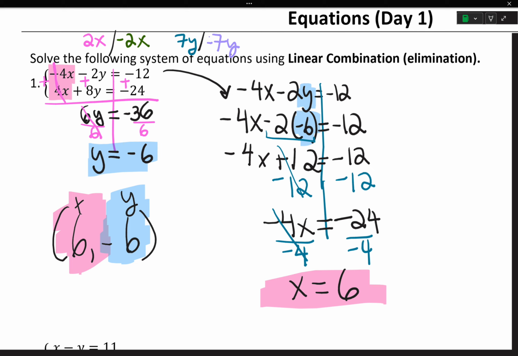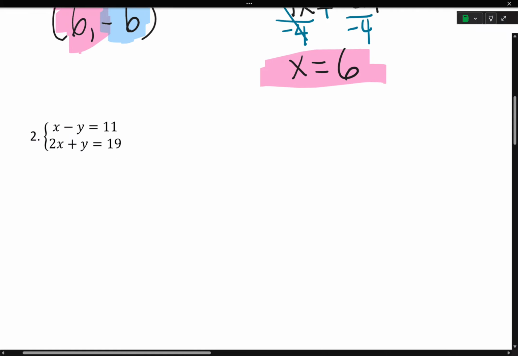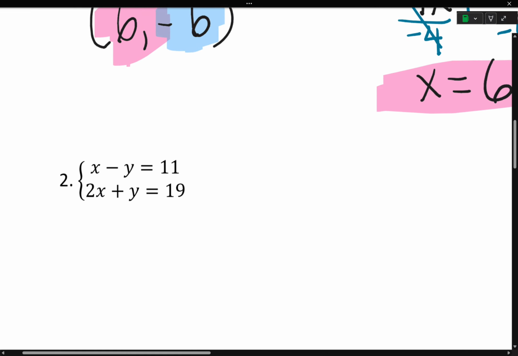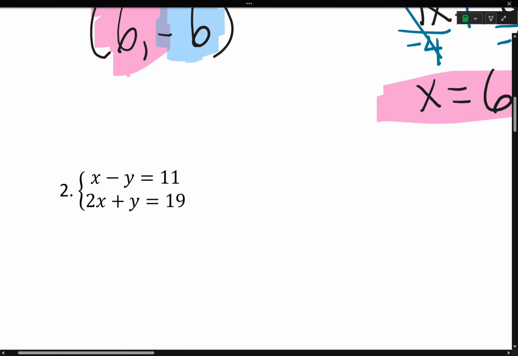Let's try number 2. Remember, we're looking for opposites because it allows us to cancel that term out. So in number 2, do you see opposites? Remember, it's got to be the positive and negative version of the same variable with the same number in front. Hopefully you can see that this time our y's are opposites. There is a negative 1y and a positive 1y. That invisible 1.